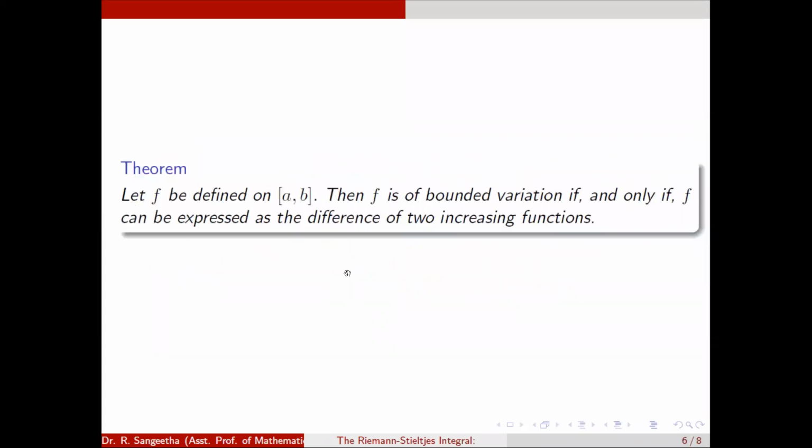Now this is a characterization of functions which are of bounded variation. Take a function f on the closed interval [a, b]. Then f is of bounded variation if and only if f can be expressed as the difference of two increasing functions.